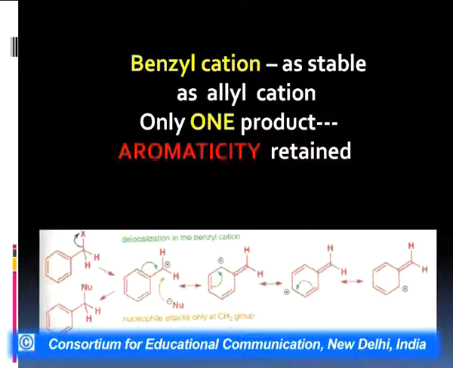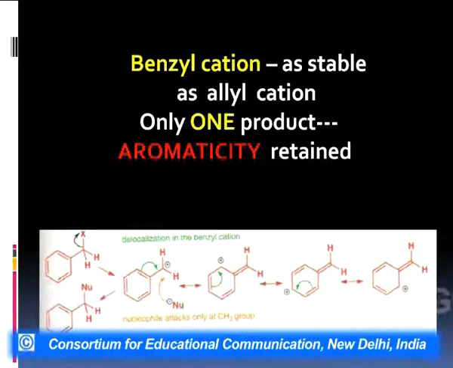Normally we say it is a little difficult if we have an allyl compound and it is giving us two nonequivalent positions, then we get a mixture of products. Not only this, what we find is that even benzyl cations, which are again primary cations, will also undergo SN1 mechanism. And here there is no ambiguity as to where the reaction will take place.